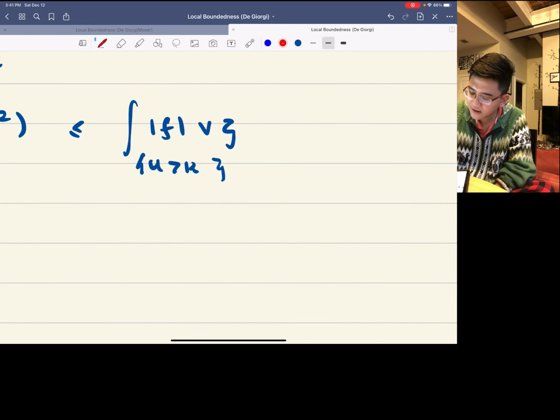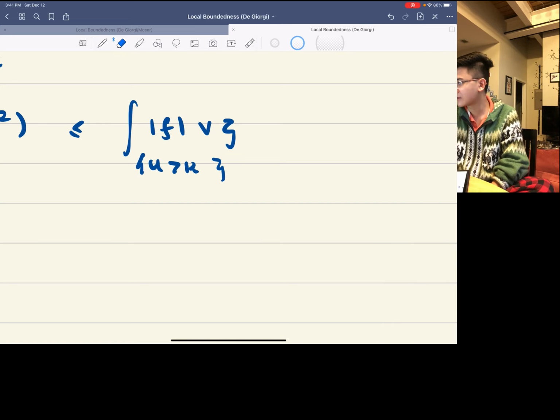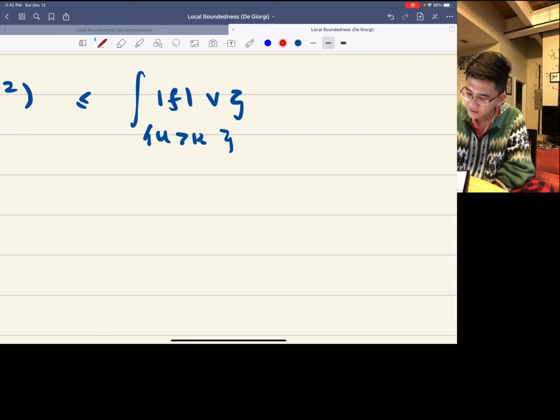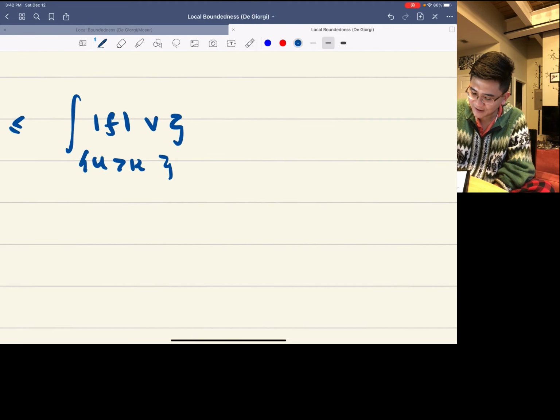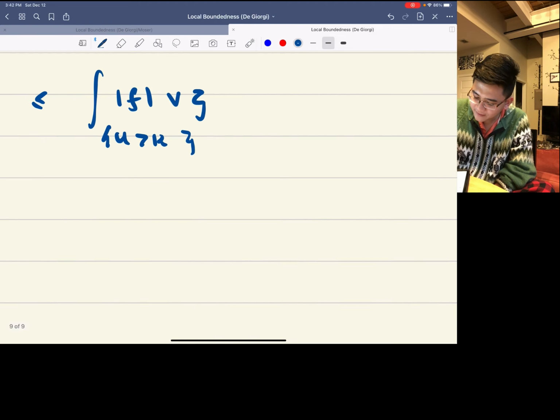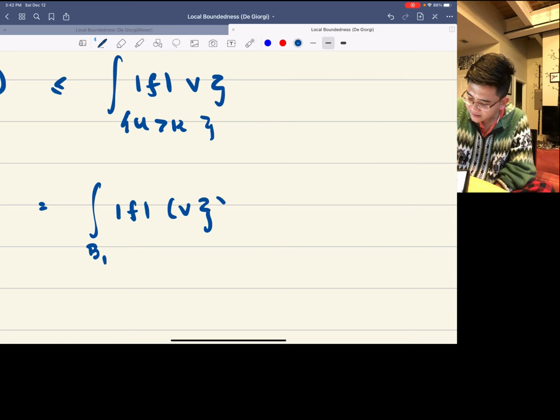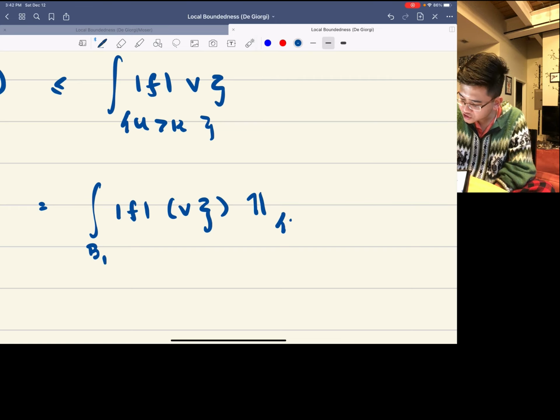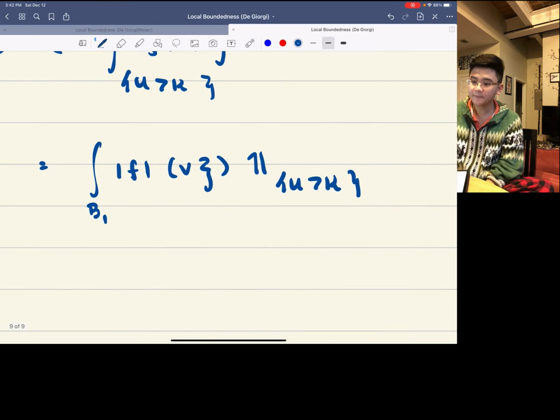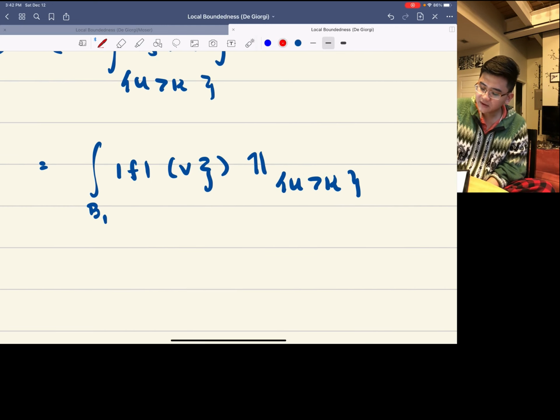Okay, I'm going to write this as the integral over B1 of the absolute value of f v zeta times the indicator function of u bigger than k. Now we know that f is in LQ.